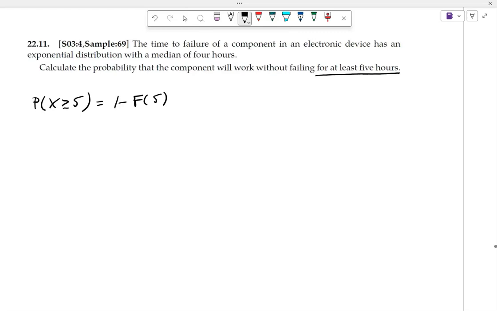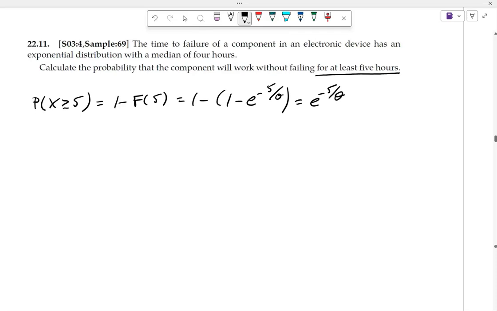As soon as I figure out what the theta is, I can answer the F of 5, right? Because this will be 1 minus e to the minus x over theta, or just e to the negative x over theta. Whoops, not x, 5, right? Whatever the theta is, that's how we would compute it, isn't it?